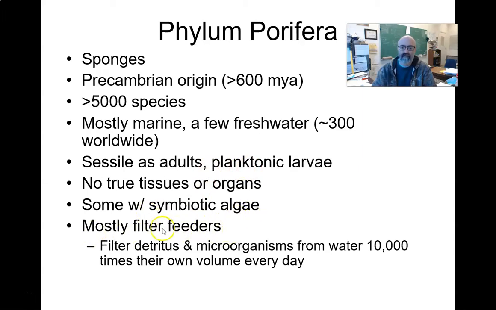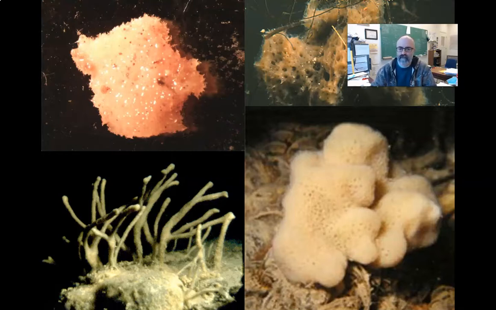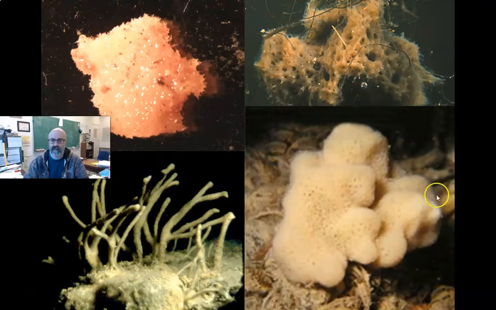How do they make their living? Basically, most of their energy comes by filter feeding. Okay, so they filter out a massive amount of water every day to get the dead stuff, detritus, and then also microorganisms from the water. And we'll talk about how they accomplish this with their really simple design. And here are some pictures, lots of diversity in terms of form.